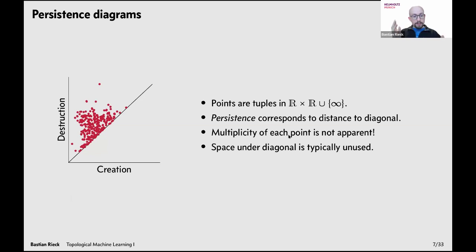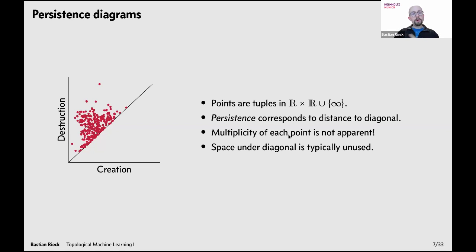All right. Of course, the first descriptor you already know. This is just your venerable persistence diagram, and I should say I may be a little bit vague or imprecise in my thinking here, but for me, persistence diagrams and persistence barcodes are really more or less the same thing. I like to draw them as a diagram because it looks a little bit nicer, but you can really think of the same thing here.